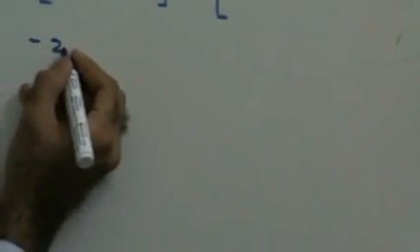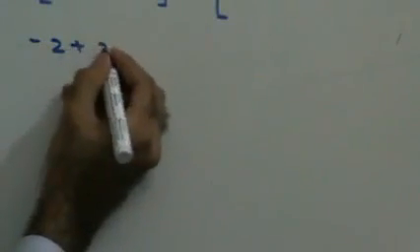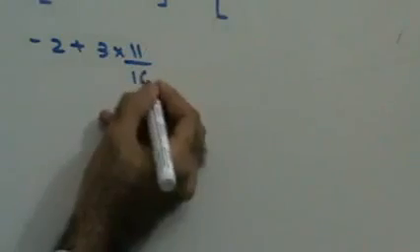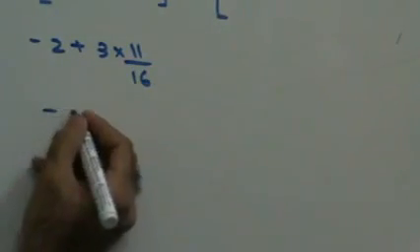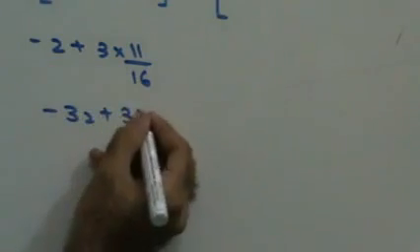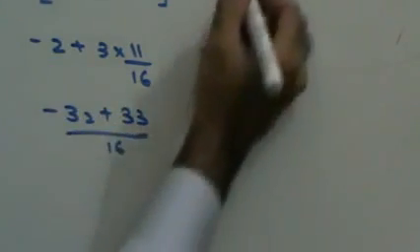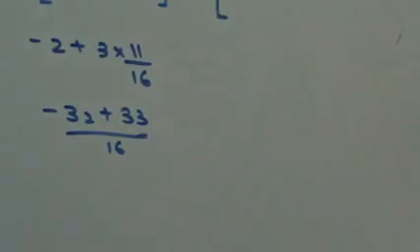Next. Minus 2 plus 3 into 11 by 16. Right? So this is going to be minus 32 plus 33 by 16. So that's 1 by 16. Next.